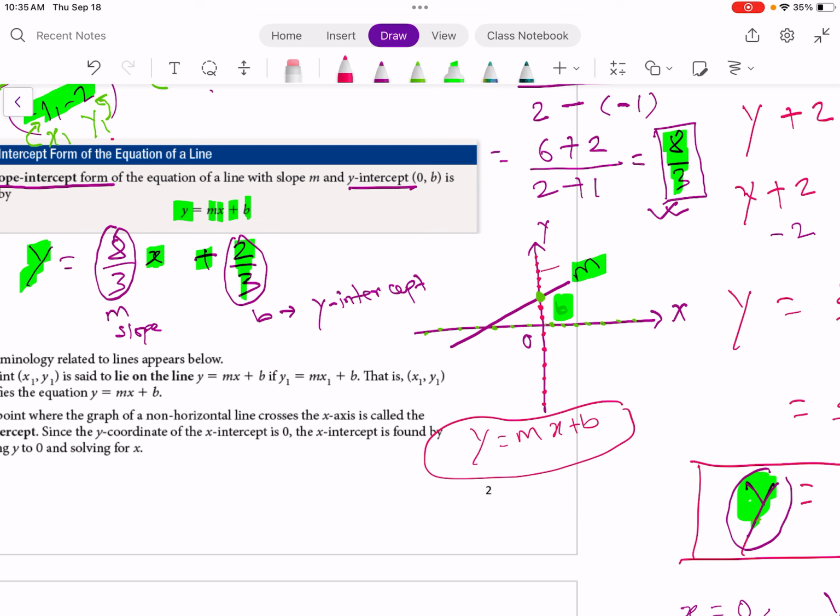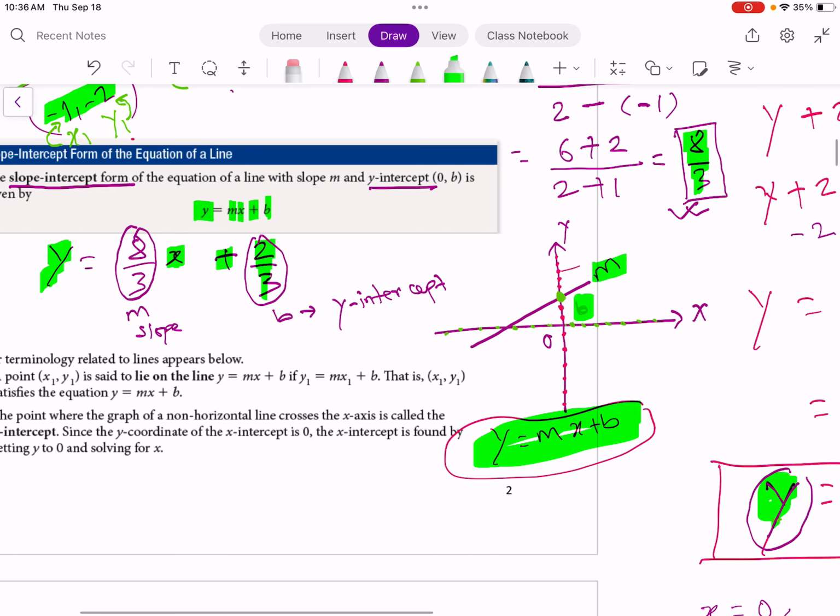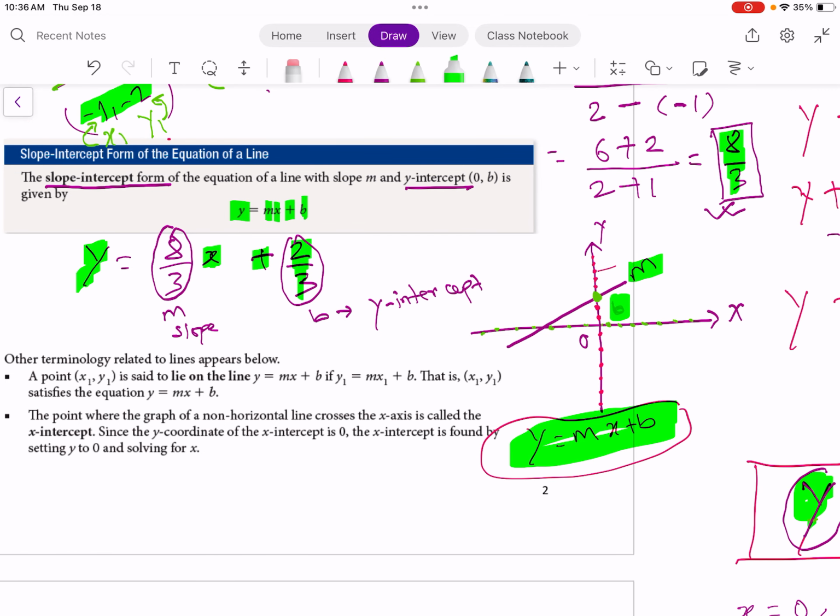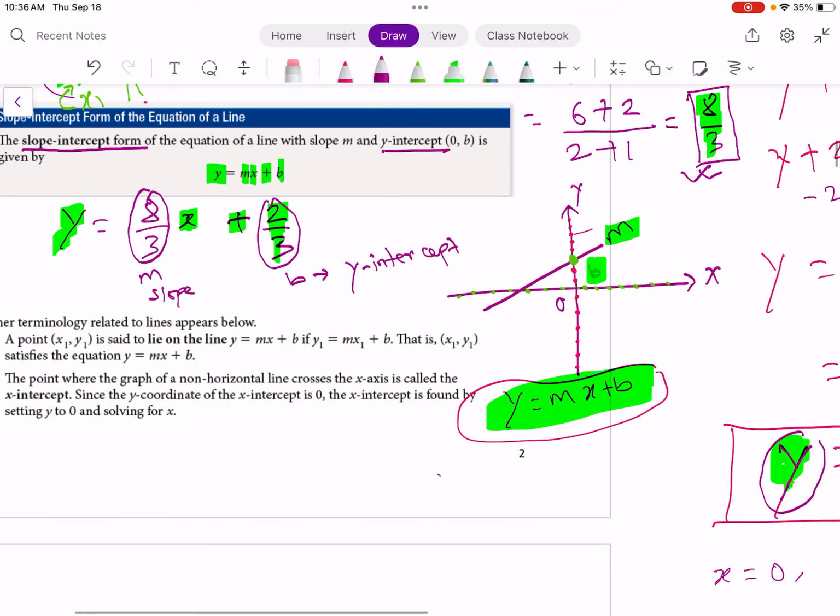We have a slope m and a y-intercept b. Then you substitute m and b in this equation, and you will get the equation of the line. This is slope intercept form. Earlier we had y minus y1 equals m times x minus x1.